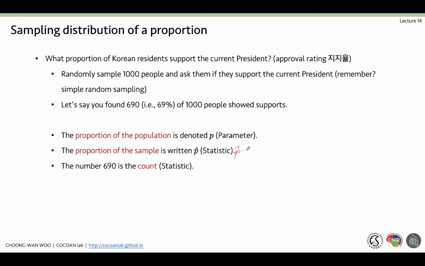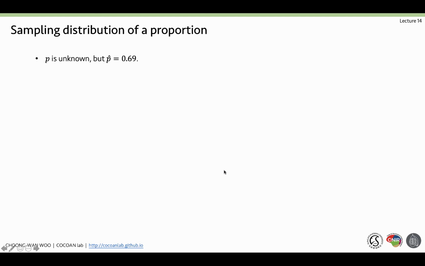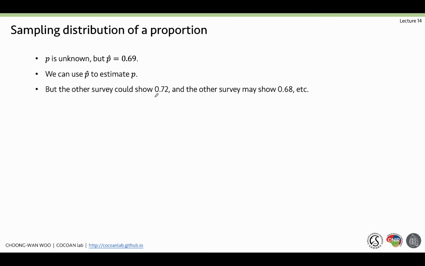Then we don't know P, it's unknown, but P hat is 0.69. But we can use P hat to estimate P. That's the goal. But let's say you repeated this survey again and again, and this time you got 0.72, and next time 0.68. That varies.